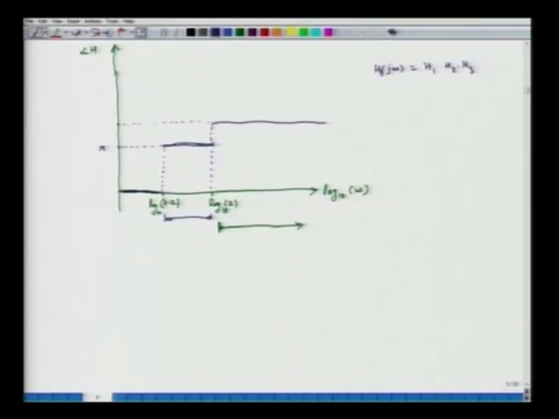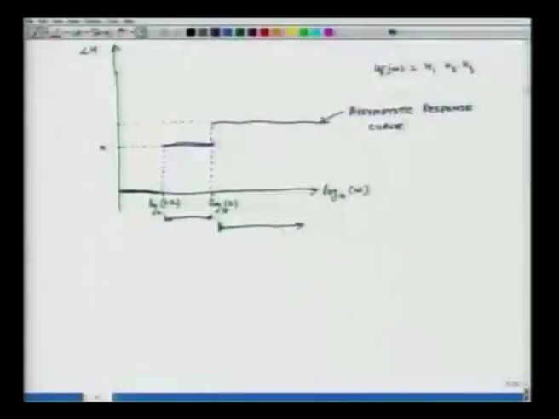Now, bear in mind that this is the asymptotic response curve. However, in real systems, the transitions from this range to this range to this range are more or less fairly smooth.